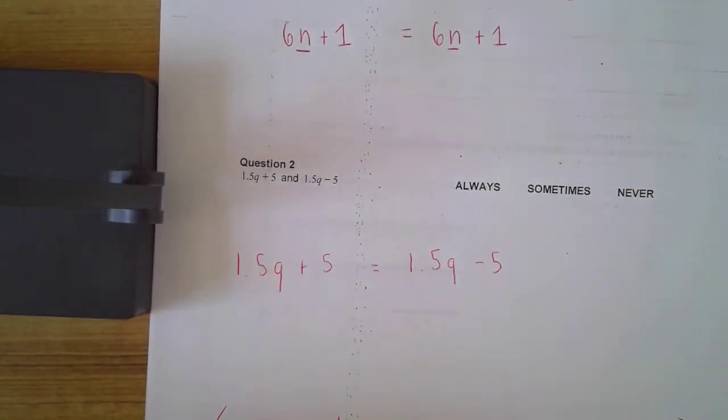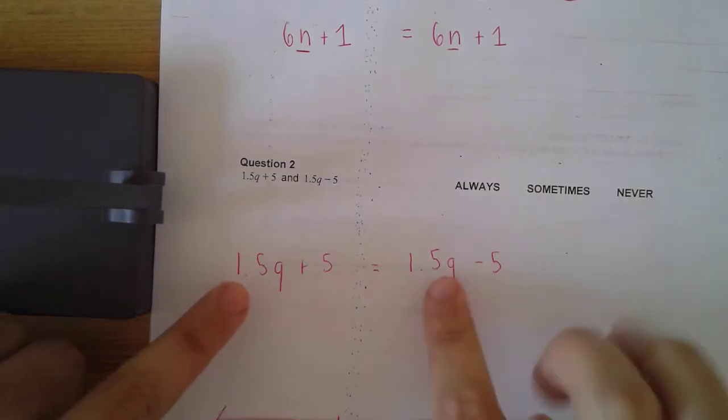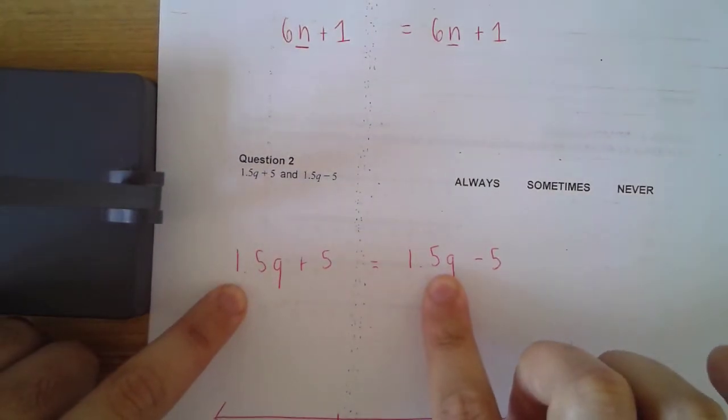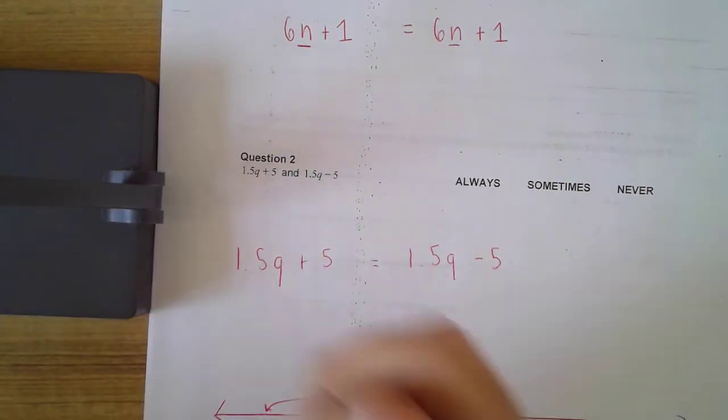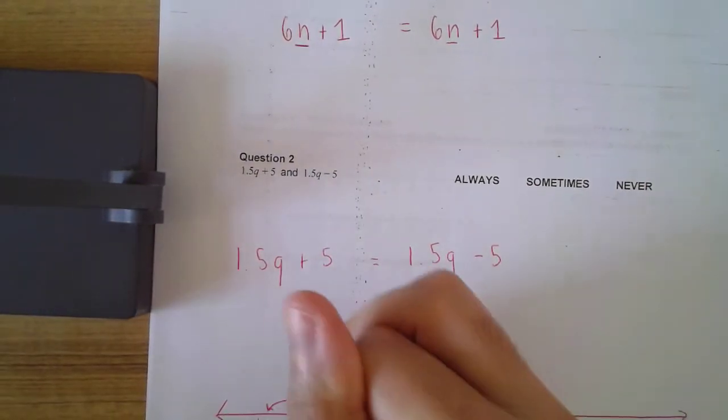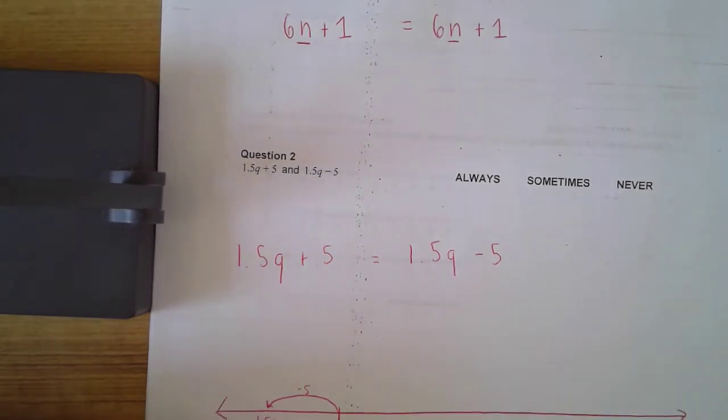That is where we are at the moment. If I wanted to get to just 1.5q, because both places technically start at 1.5q, I need to go a little back. In fact, I need to go back 5 spots. That's how we get to 1.5q.